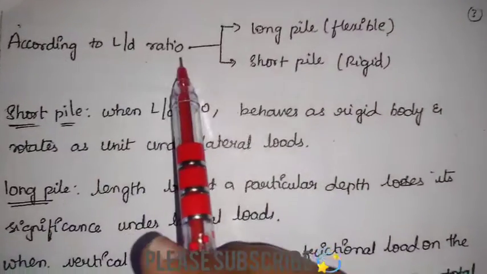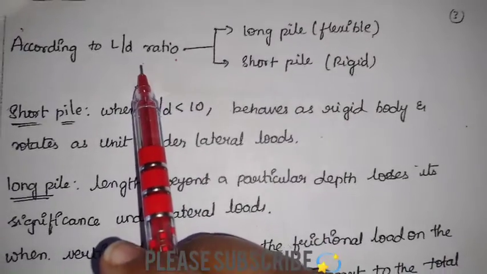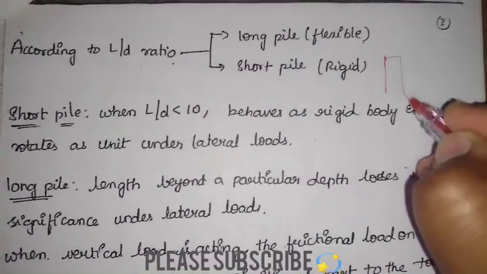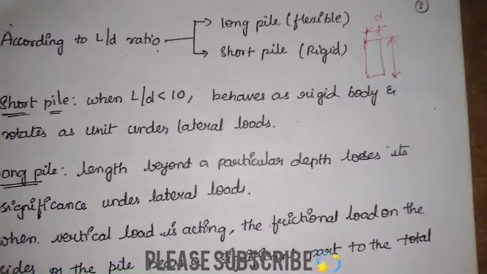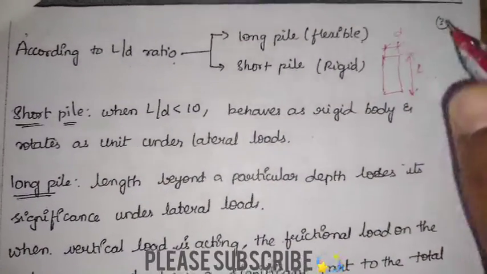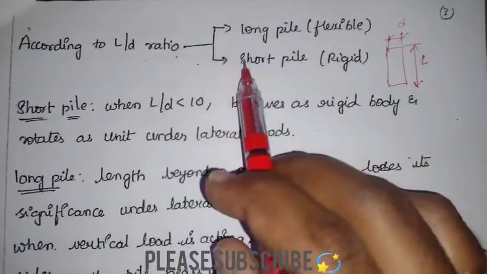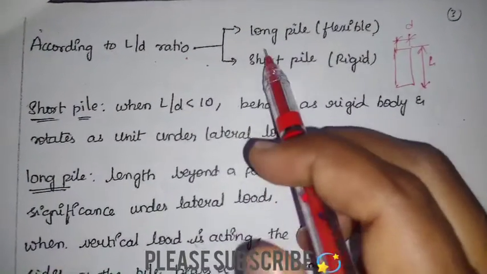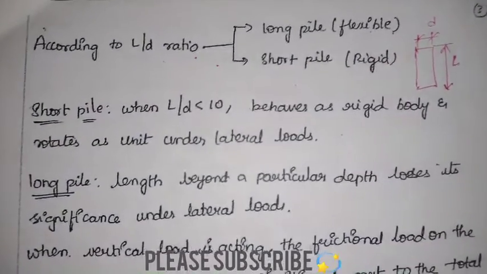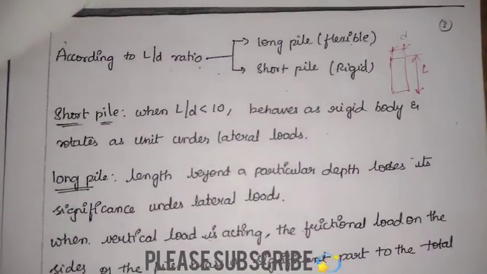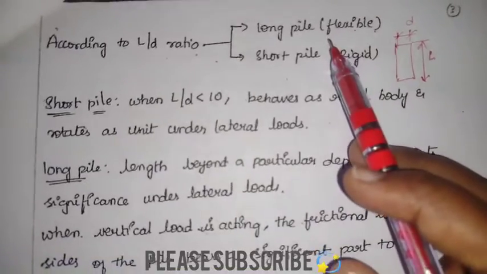Next, according to the L by D ratio, that is length to diameter. This is the length of the pile, whereas this is the diameter of the pile. Based on the length to diameter ratio, we classify piles as long piles and short piles. The long one is termed flexible, whereas the short one is rigid, because the short one will always fail by crushing, whereas the long one will always fail by buckling.